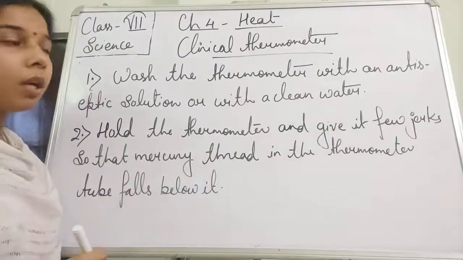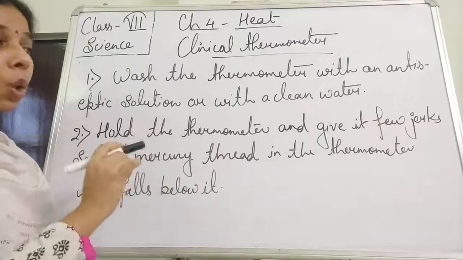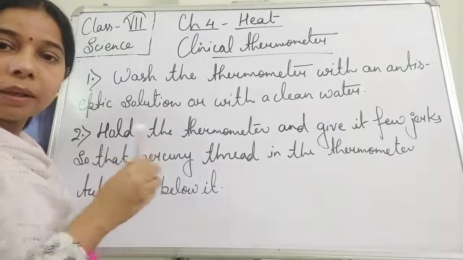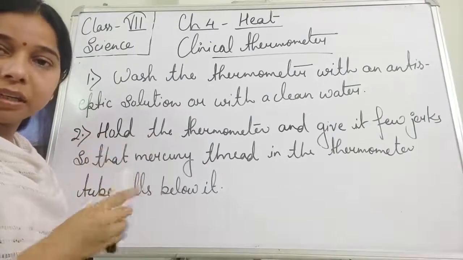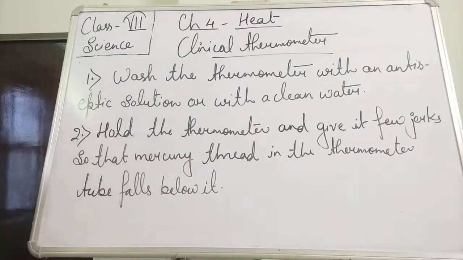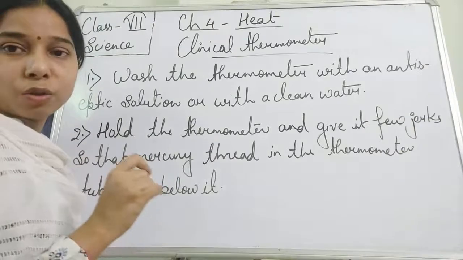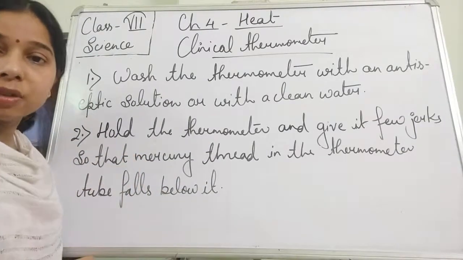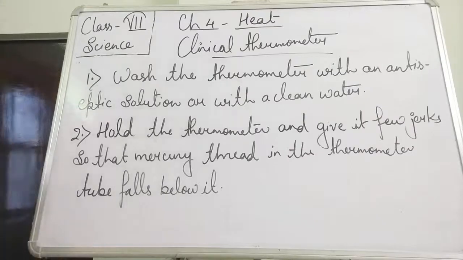Hold the thermometer and give some jerks so that the mercury which was at the upper reading comes to the lower reading. Now, students, we will put the bulb of the thermometer under the tongue so that the temperature of a person can be measured easily.